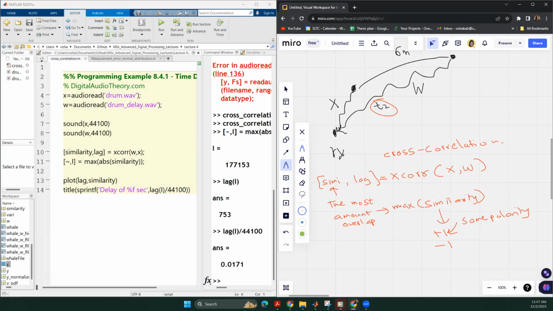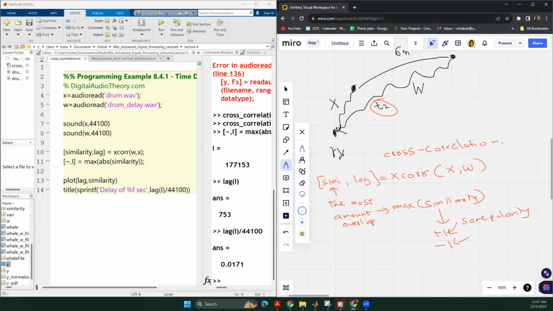So in the X and W signals, let's say we are considering voltage values, if the voltage values are positive in the instances we are comparing, then the same polarity is maintained. If they have other polarity, so different polarities, the polarity will affect the similarity. And sometimes if it is different polarity, then it will give minus values.